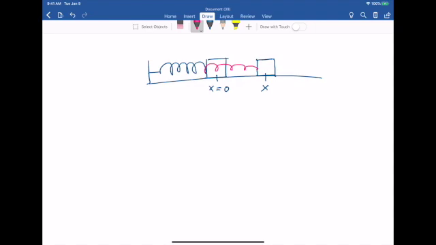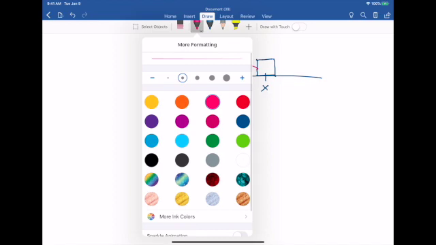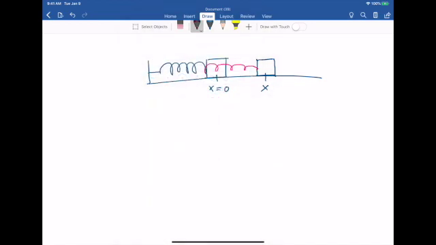So what is the force going to be on the mass? The force will simply be kx. I'll just call this the spring force, which will be pointed to the left because the spring is stretched. So let's apply Newton's second law.